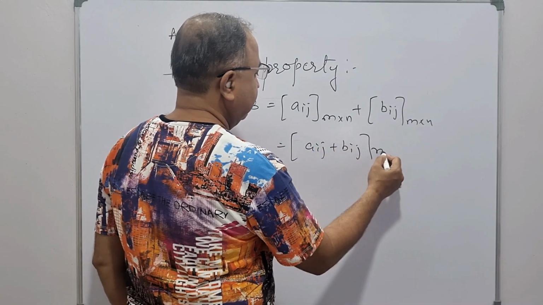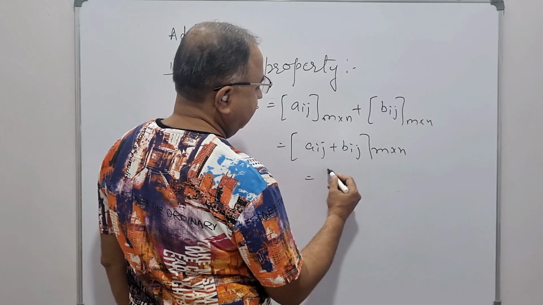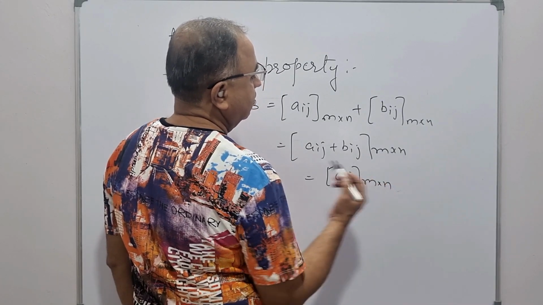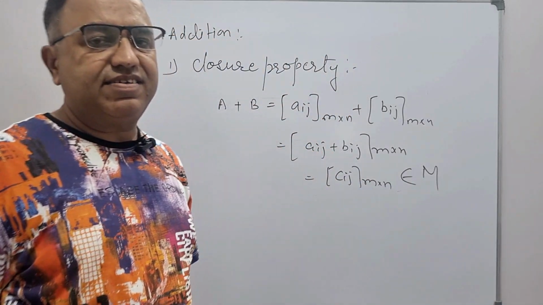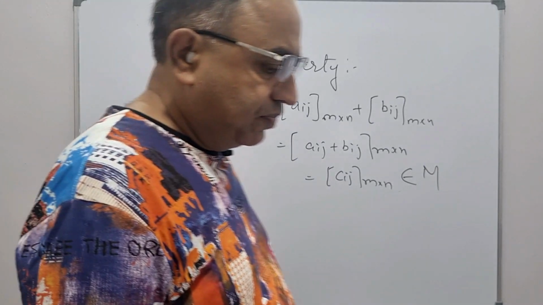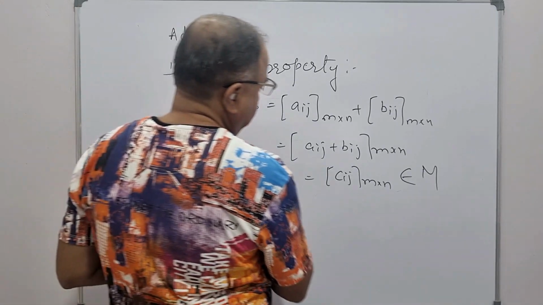Only their corresponding entries are being added, say it's C. So it's also a matrix. It belongs to the family of matrices. So the sum of two matrices is always a matrix. We call that the family of matrices is closed under addition.